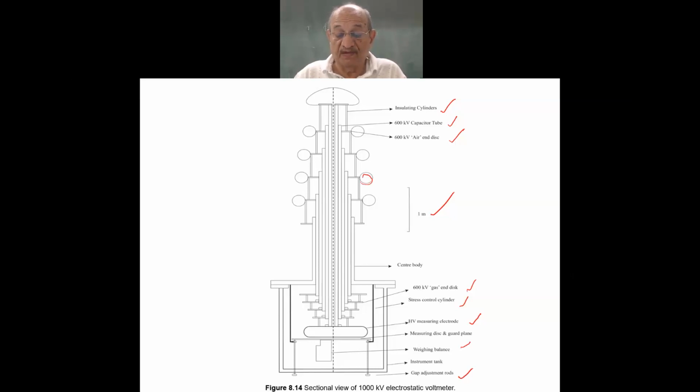So this is a very elaborate arrangement, but very accurate. The best part of it is that electrostatic voltmeters are very accurate. Only the drawback is, you see, let's talk about that.